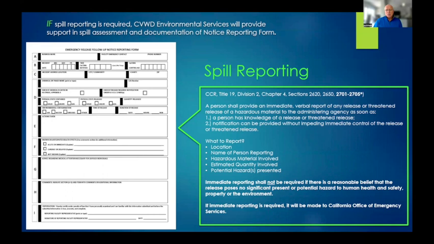And the types of things that we're looking at are obviously the location where it occurred, the name of the person that was involved in the cleanup, the incidental spill, the hazardous material involved, and these are located in the center of the green box there. Estimated quantities involved because we need to have a sense whether we're at or above the reportable quantity, and then the potential hazards present or associated with the material.